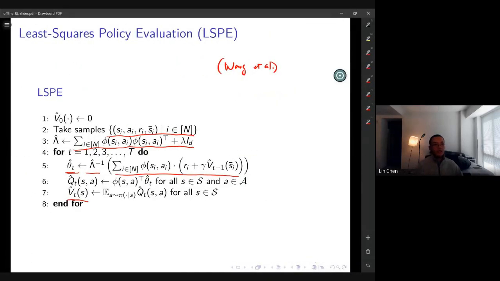I think that the central idea is the matrix concentration bound. So if we have many samples, then we can approximate the matrix pretty well, and then we can do pretty precise estimation. So I think that's the central idea.